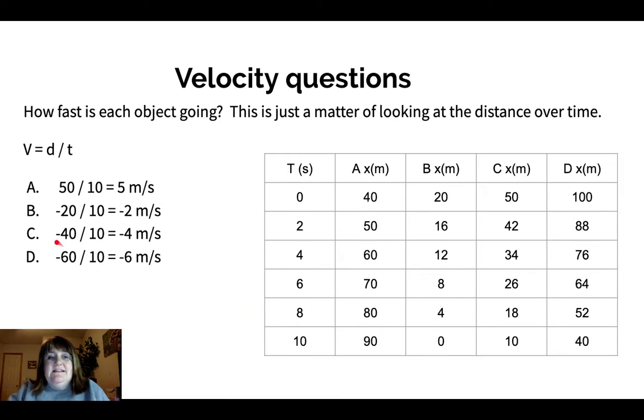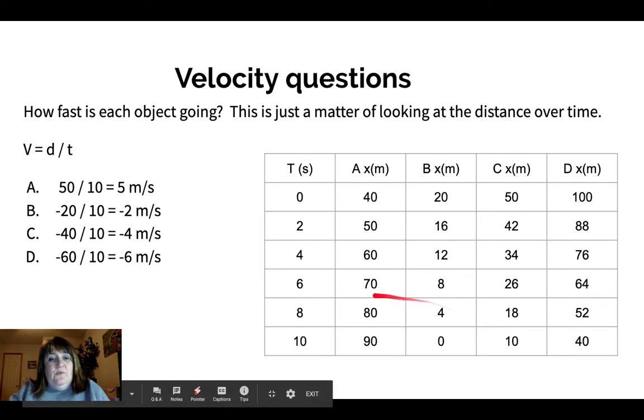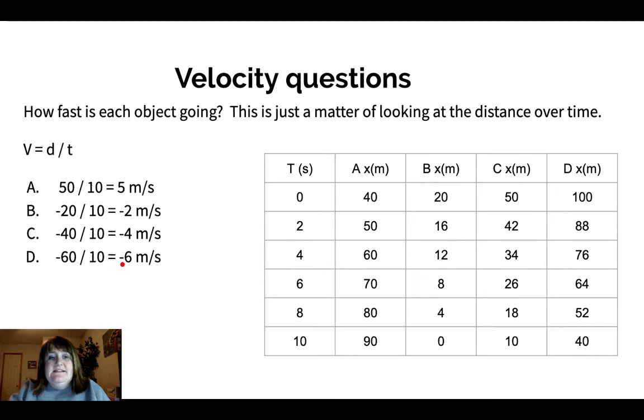That again is down, which is negative 40 divided by 10 is negative 4. And then object D goes from 100 to 40, which is down 60 divided by 10 is negative 6. Don't forget that the units are important. You need those meters per second for the velocity units.